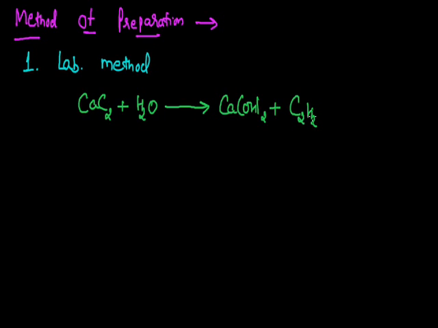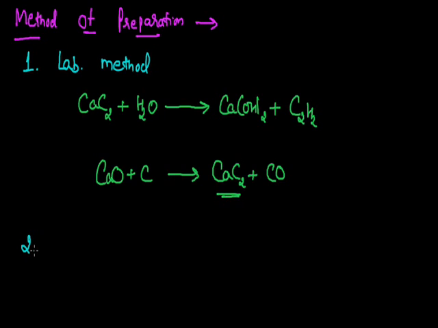Now to prepare this calcium carbide, we take quicklime, and when we heat this quicklime, that is calcium oxide, with carbon, it results in the formation of calcium carbide, CaC2, with the formation of carbon monoxide. This calcium carbide can be further used to form this acetylene molecule in the laboratory, and that is the lab method of formation for this calcium carbide.